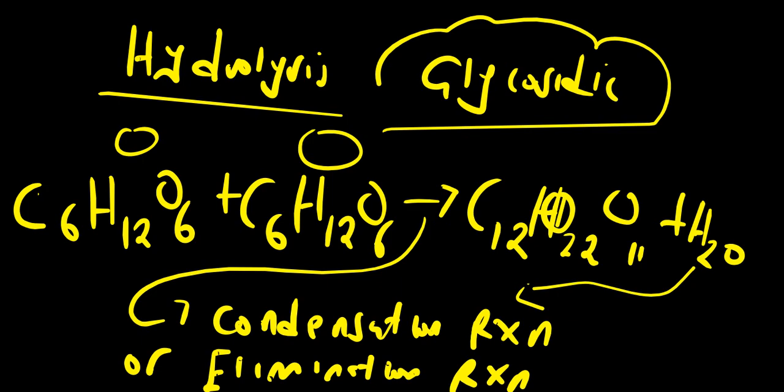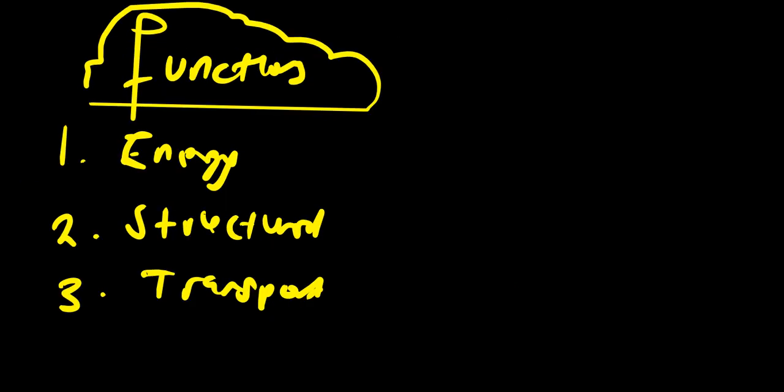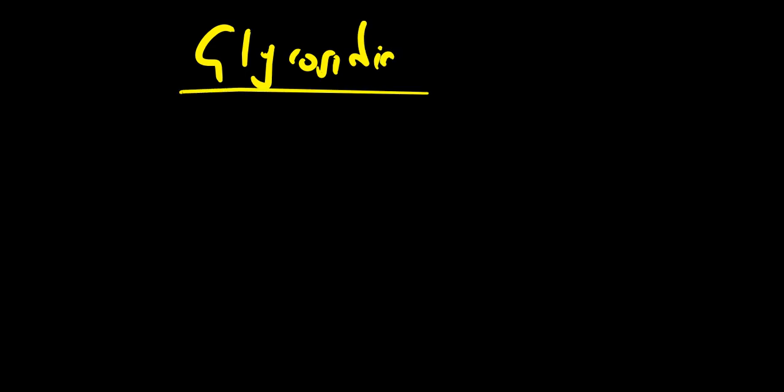Now let's talk about these glycosidic bonds in a bit more detail. Now a glycosidic bond, glyco just means sugar or carbohydrates.